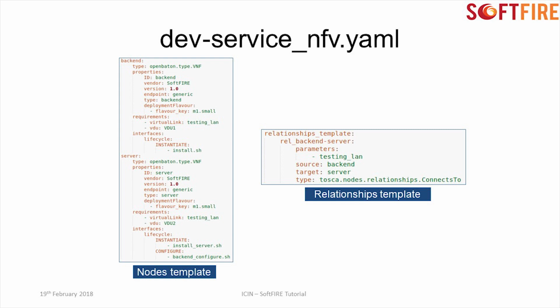Furthermore, in the right picture we can see the relationship template property that is used to link two or more VNF. In this case we used this property in order to provide to the front-end server the IP address of the backend server.